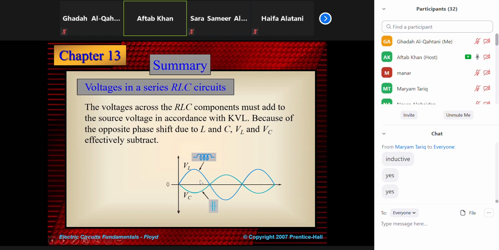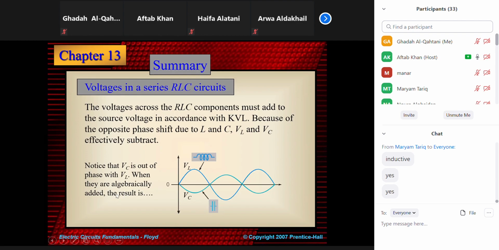Now in order to know the total, effective voltage, when they add together, because VL is positive at the peak and VC is negative, they will cancel each other, right? After cancelling, we will get some resultant voltage. Notice that VC is out of phase with VL.